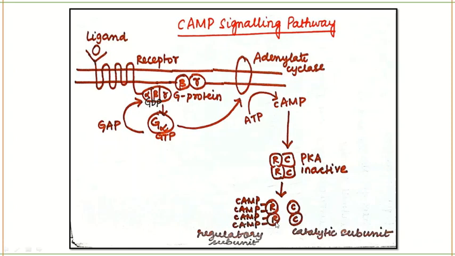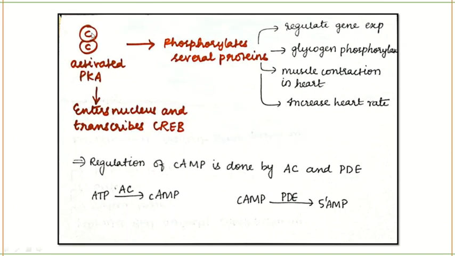When cyclic AMP binds, the regulatory subunits get detached from the catalytic subunits. After the catalytic subunits are separated, this becomes the activated PKA, protein kinase A.